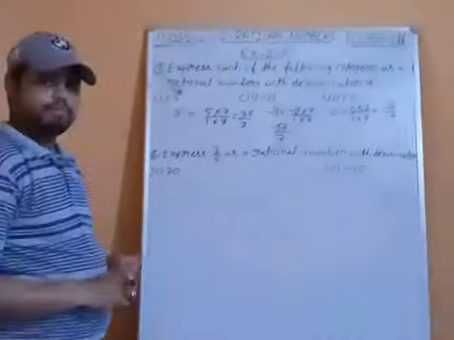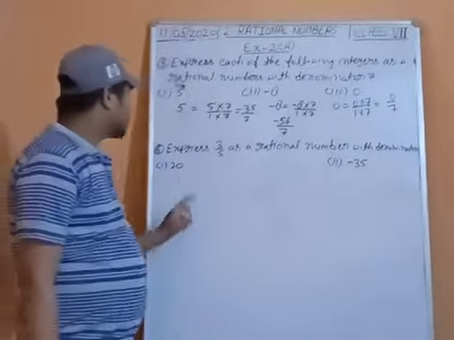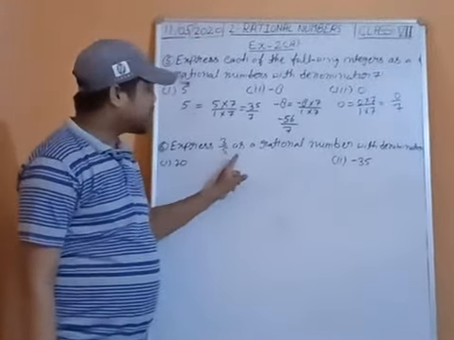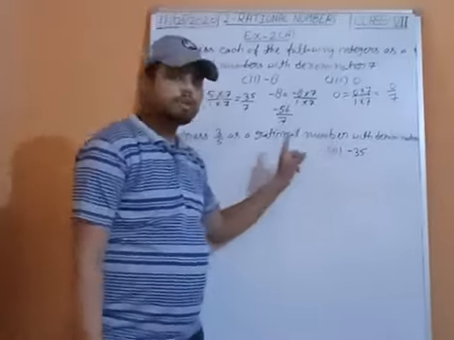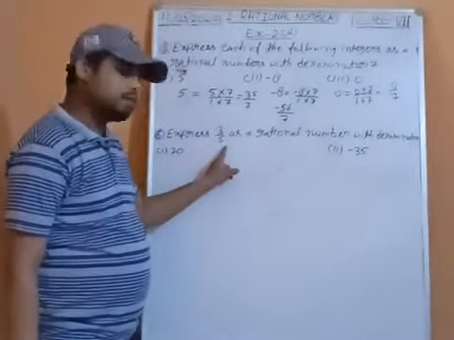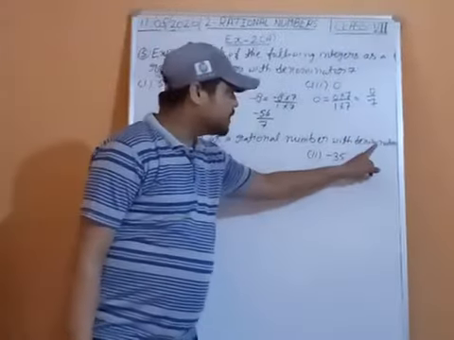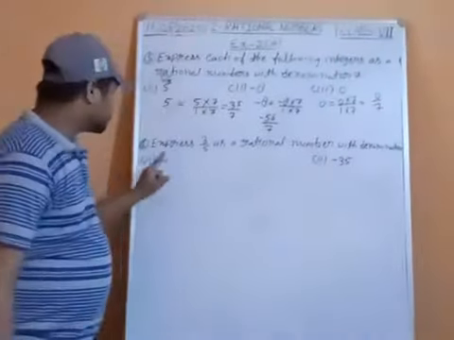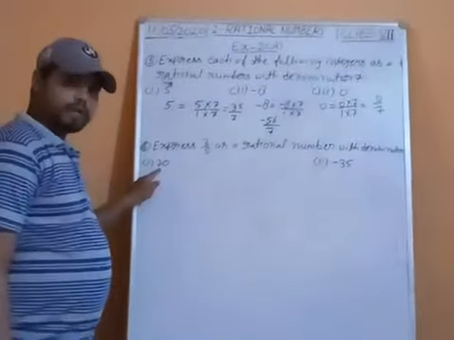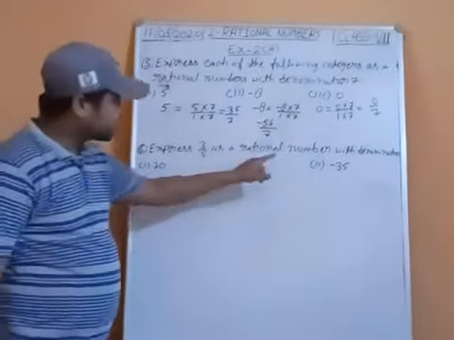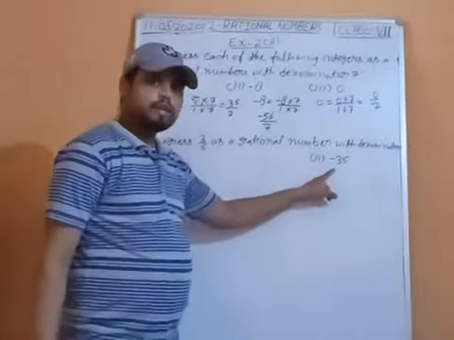Sixth sum: express 3 upon 5 as a rational number. This time we have to express 3 upon 5 as a rational number with different denominators. In the first part the denominator should be 20, in the second part minus 35.